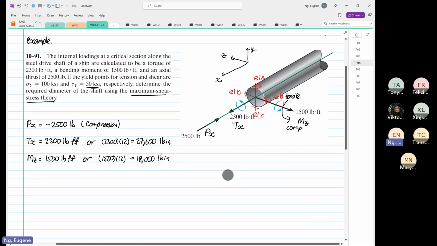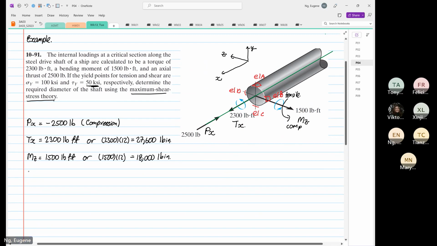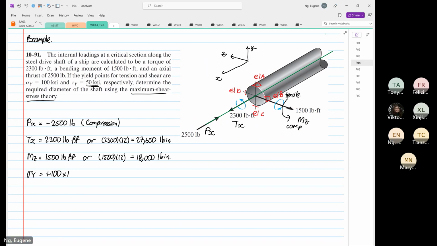So we know that our stress is equal to plus 100 times 10 to the power 3 psi, right? And then we also are given our shear stress, which is equal to 50 times 10 to the power 3 psi, right?